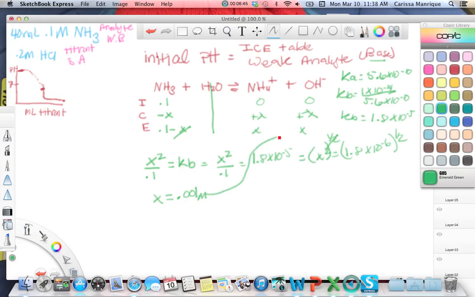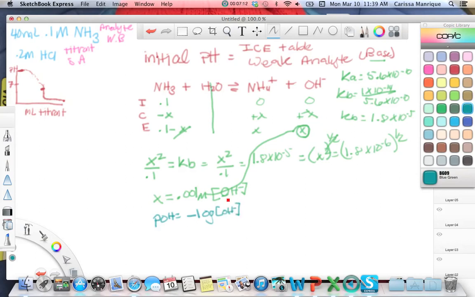It equals, right here, OH minus, hydroxide. So this is our hydroxide concentration. From here we can get pH. So we get pOH first. We know pOH equals negative log of our hydroxide.